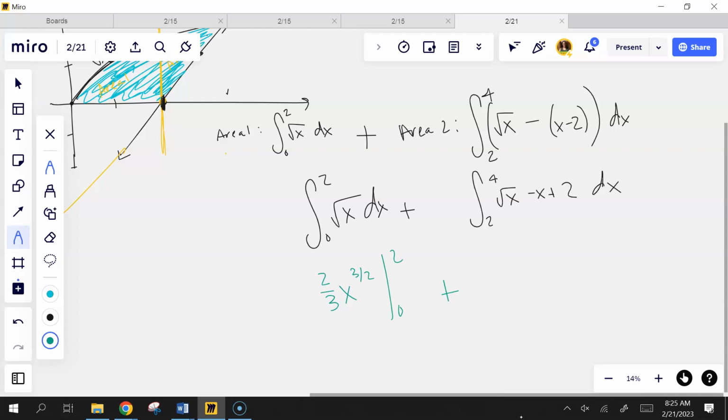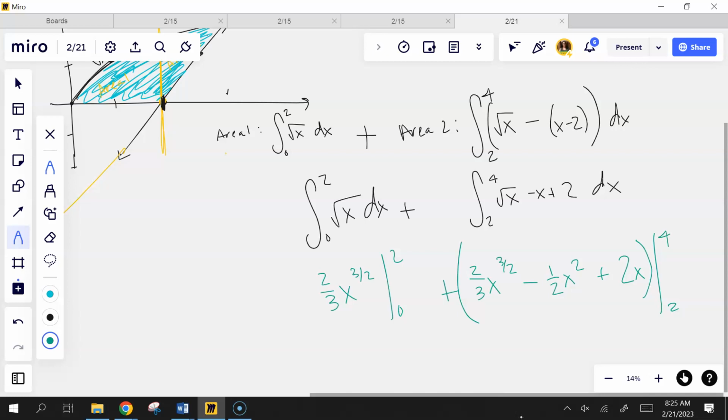Plus, again, 2/3 x to the 3/2. Minus, what's the antiderivative of x? Plus antiderivative of 2. This time from 2 to 4.